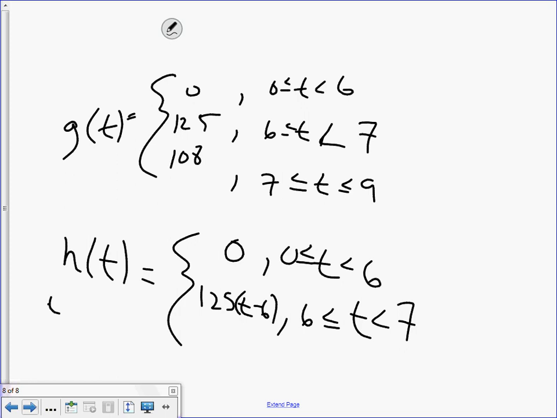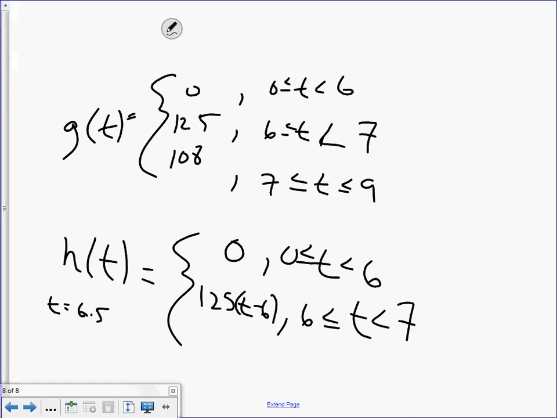So when t equals 6.5, the amount of snow that she shoveled is 0.5 times 125 cubic feet per hour, because she's shoveling at a rate of, I don't remember.